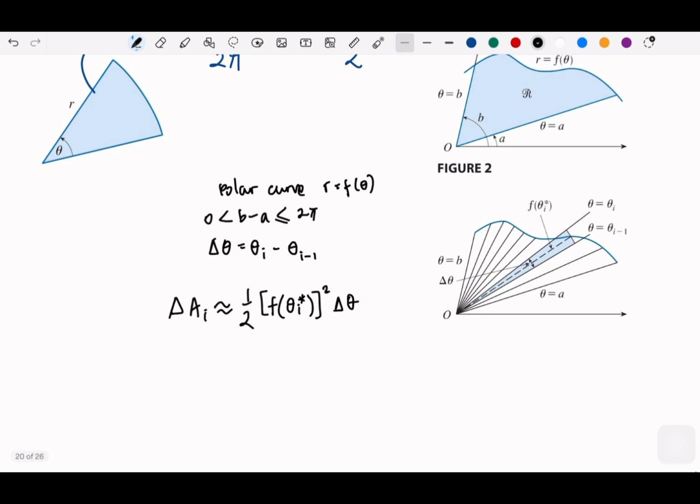So the approximation of the total area is going to approximate the sum from i equals 1 until some n of half, okay.